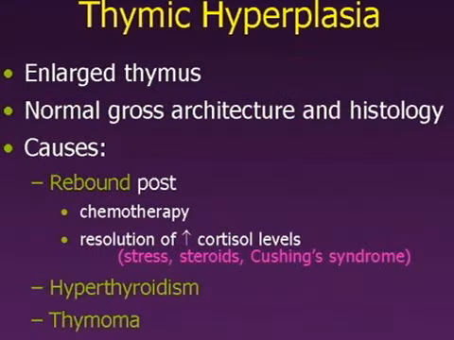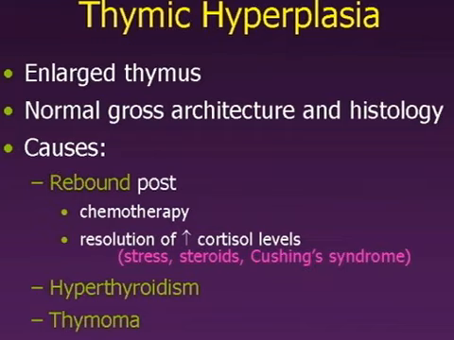Thymic hyperplasia represents an enlarged hyperactive thymus. The gross architectural anatomy and histology is normal. It's just hyperfunctioning. You can see thymic hyperplasia as a rebound response post-chemotherapy, but also after resolution of high cortisol level conditions.